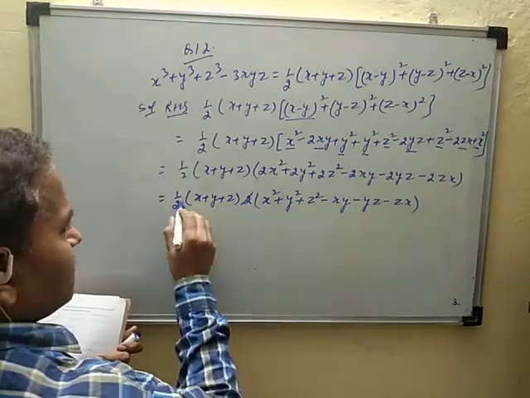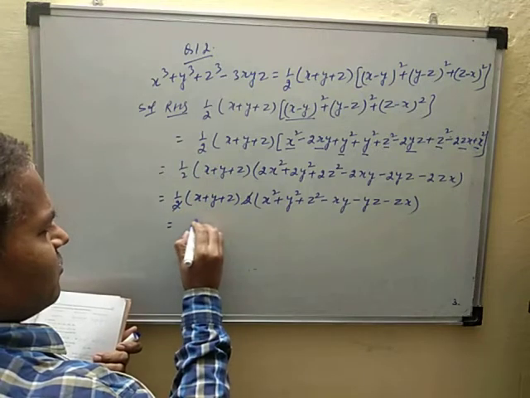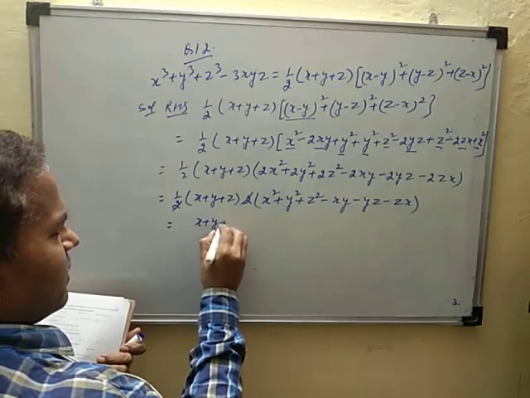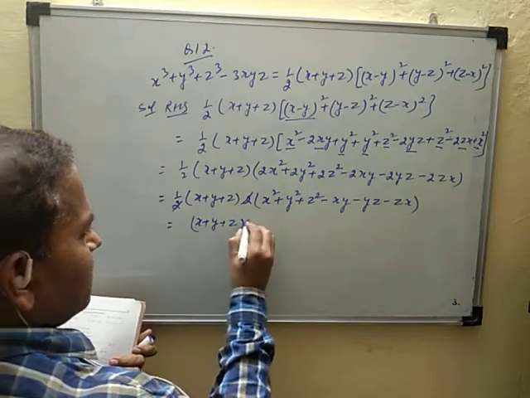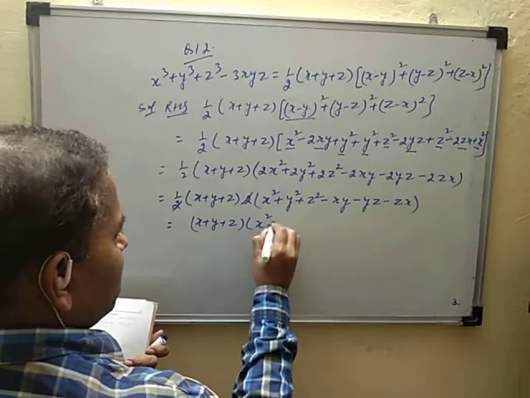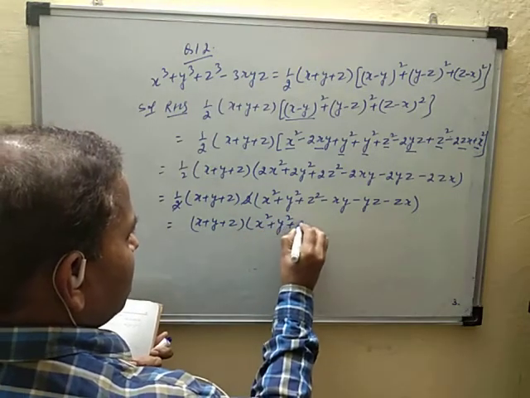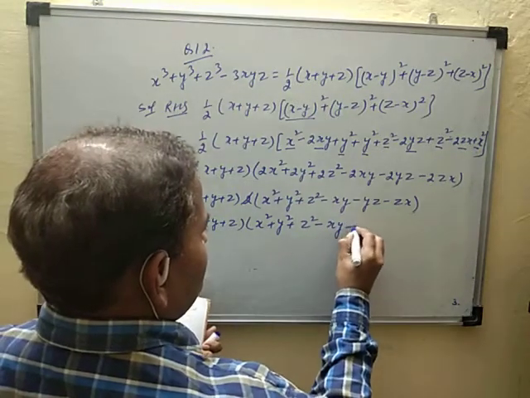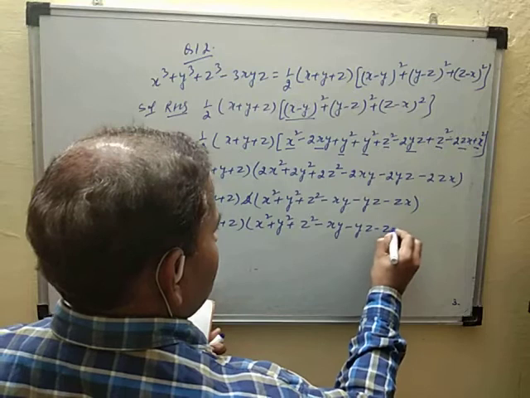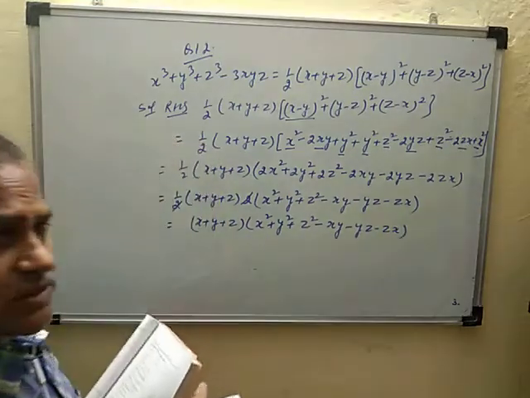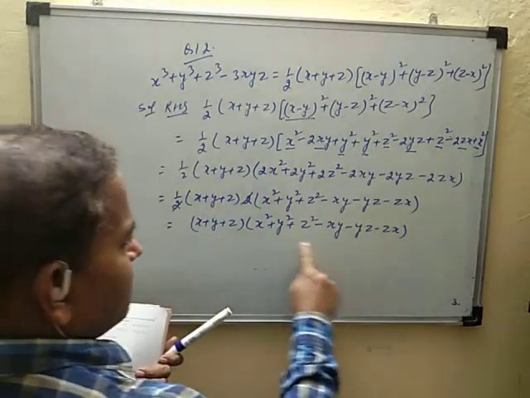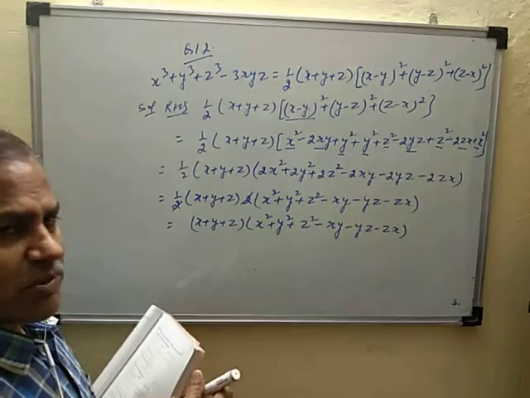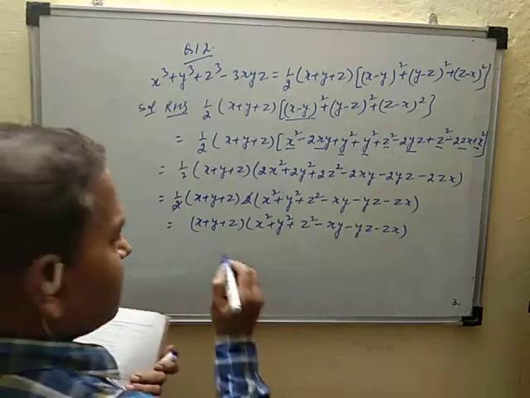Now these two cancel. So this is equal to x plus y plus z into x square plus y square plus z square minus xy minus yz minus zx. And this is the identity of x cube plus y cube plus z cube minus 3xyz.